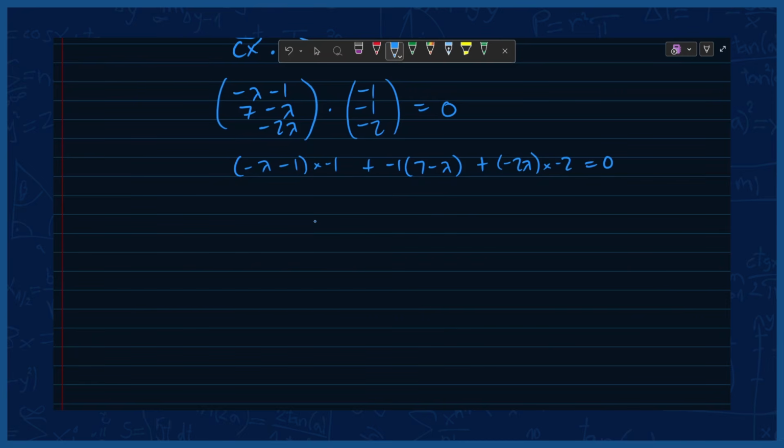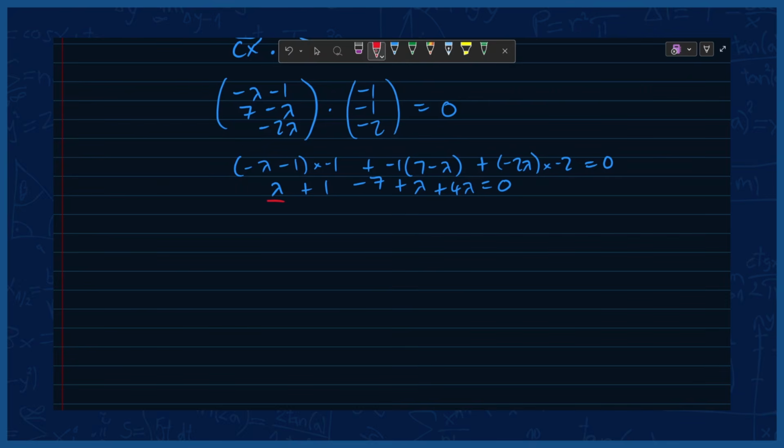And let's simplify. So negative 1 times negative lambda, positive lambda, negative 1 times negative 1, positive 1. Then negative 1 times 7, that is negative 7. Negative 1 times negative lambda, positive lambda. Then I've got negative 2 lambda times negative 2, that's positive 4 lambda. And this is equal to 0.